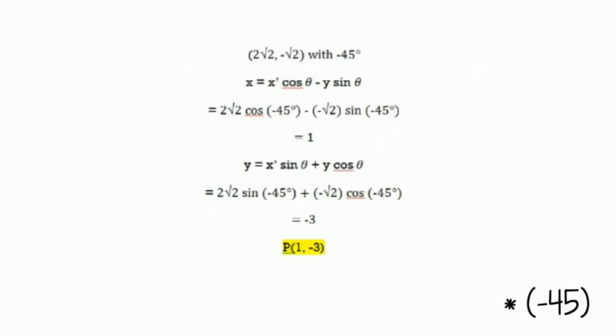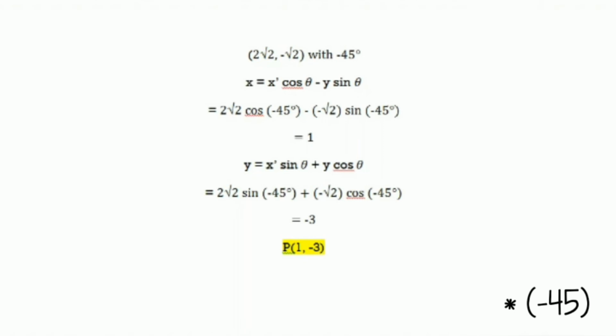Another one, let's say we have the coordinates 2 square root of 2, negative square root of 2 with the degree angle of 45. By substitution ulit sa formula, x is equal to 2 square root of 2 cosine 45 minus negative square root of 2 sine 45.